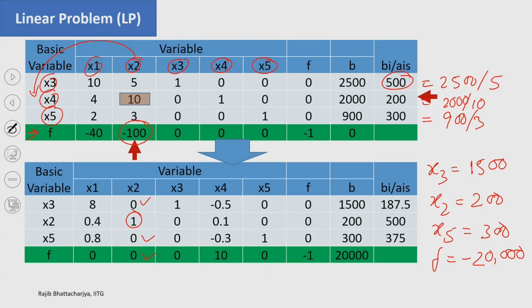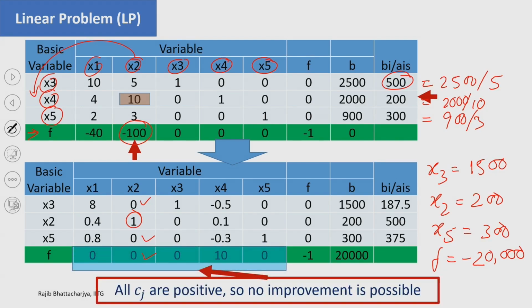Now, what do we have to look at? We have to look at the objective function row. Is there any negative coefficient? No, all c_j are positive, there is no negative coefficient. So, no improvement is possible, that means I will not get any improved solution.